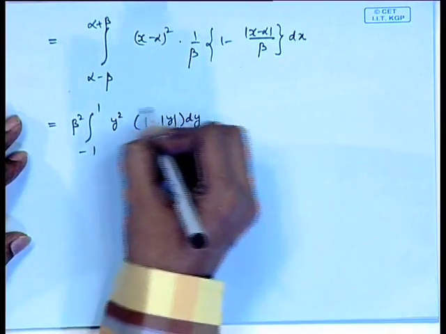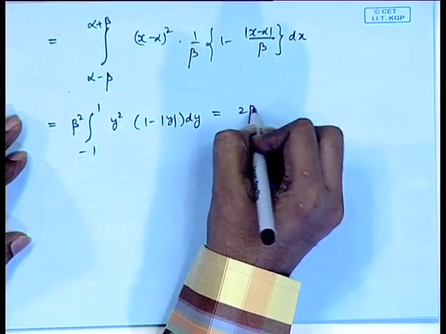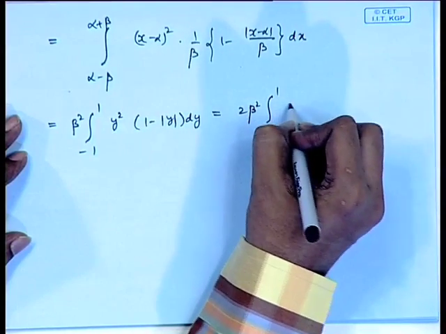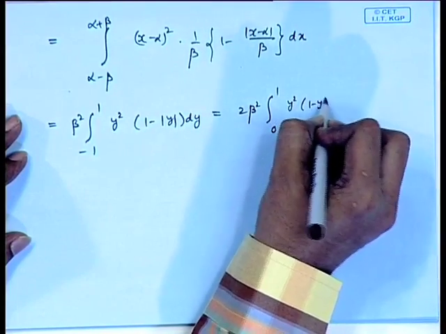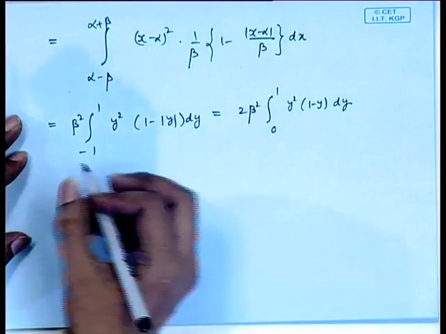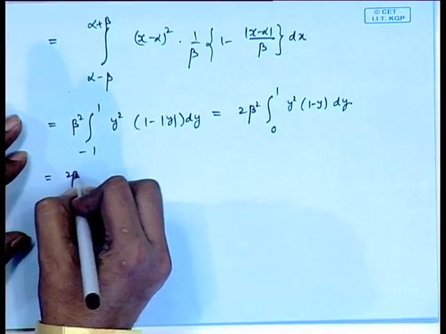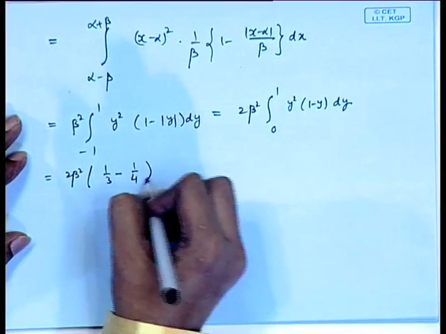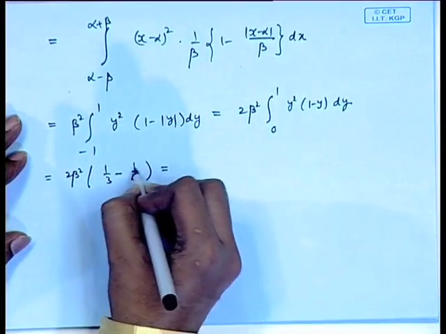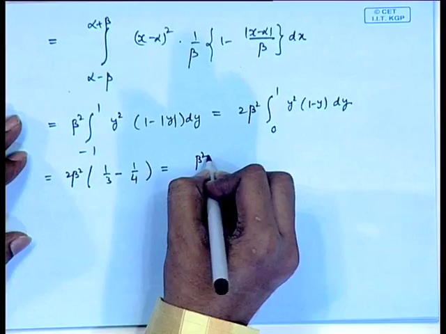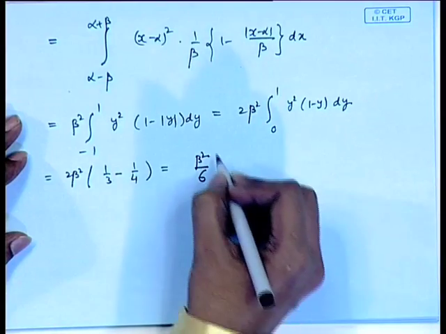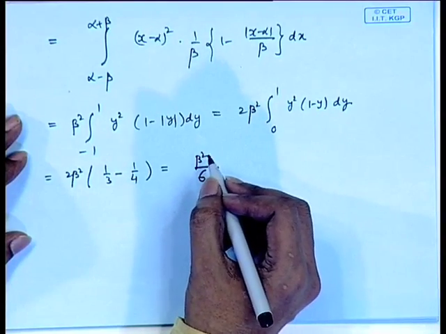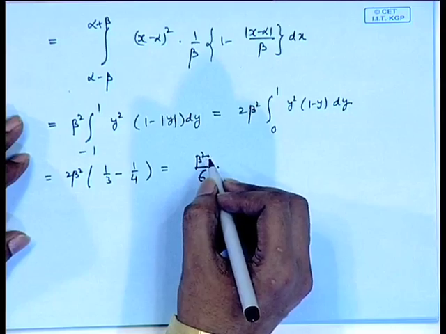As this is an even function, this becomes 2 beta square times the integral 0 to 1 of y square into 1 minus y dy. So, the integral of this is equal to twice beta square times 1 by 3 minus 1 by 4. That is equal, after simplification, to beta square by 6. So, the variance of this distribution is beta square by 6.